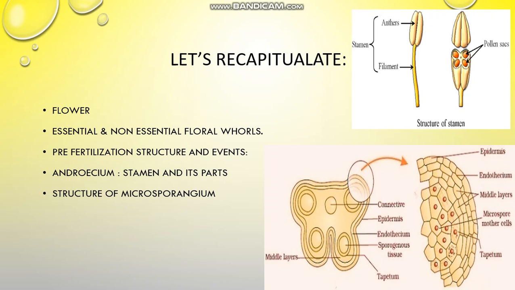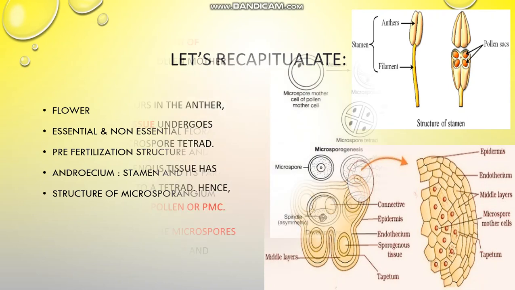Its function is to give nourishment to the developing pollen grain. So if this tapetum doesn't function properly or is malfunctioning, the pollen grains which will form in the center won't be viable, means they won't be able to germinate. So all this we studied in the previous lesson.